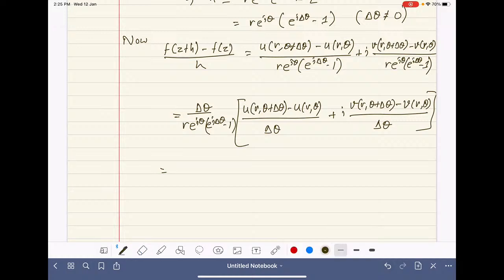This is equal to i del theta by e power i del theta minus 1, and 1 by r e power i theta.